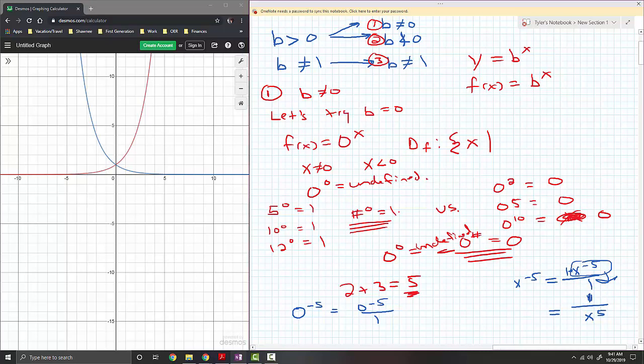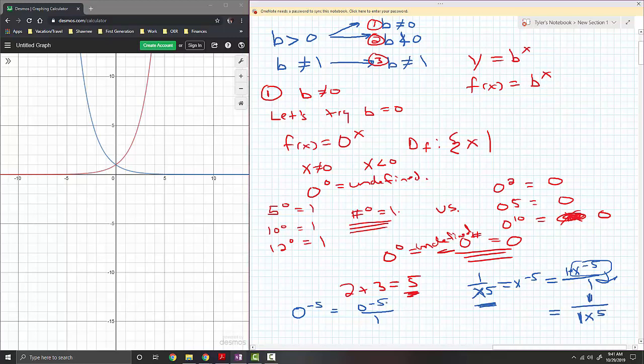So we don't have to worry about the coefficient of 1 here. In other words, x to the -5th is just 1 over x to the 5th power, just like you've seen with exponent rules in a lot of algebra classes, in high school, middle school, and so forth.